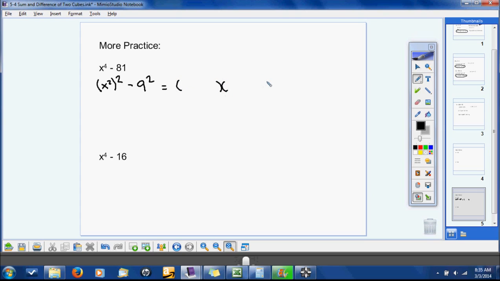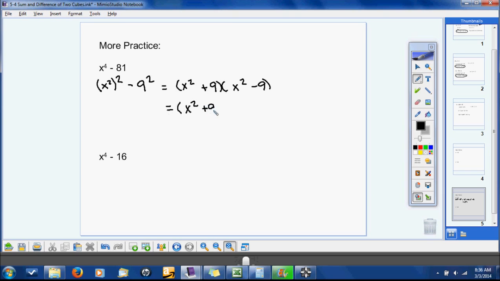that means that this equals x squared plus 9 and x squared minus 9. This part is finished because this part is a sum of two squares. That part's done.